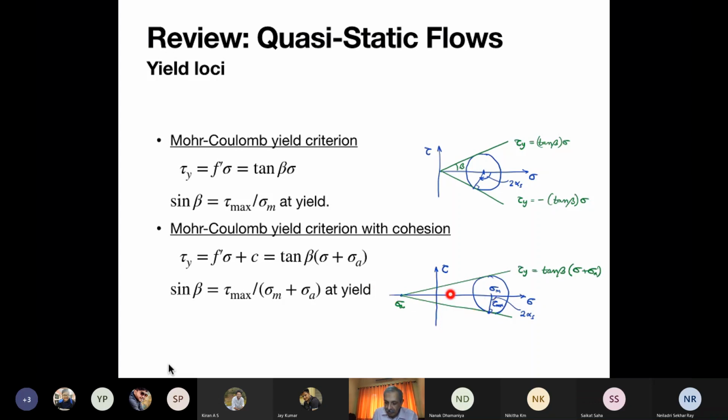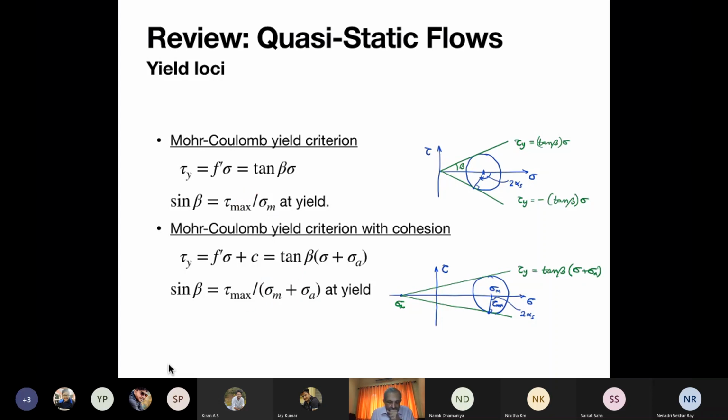And at the point of yield, using the same sort of geometrical argument, the radius is still tau max, and then the hypotenuse, which is given by here, is equal to sigma m plus sigma a. So that's why this is there. So it's just a small change from this.